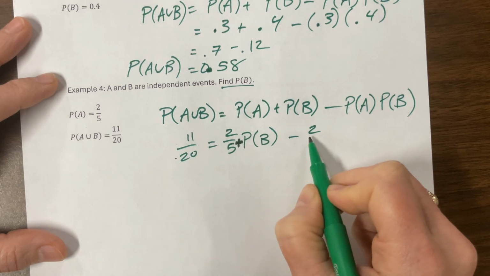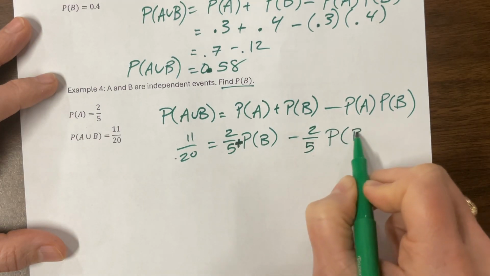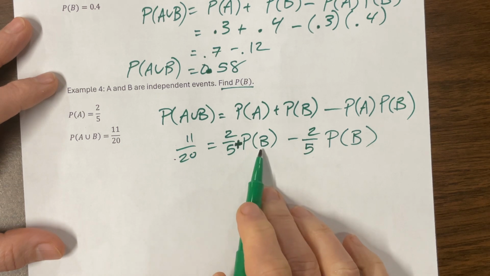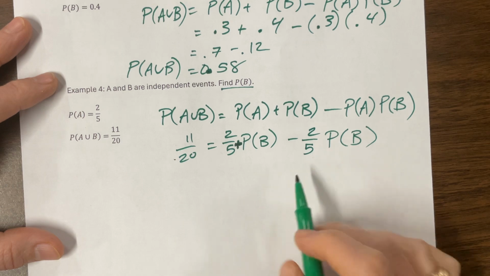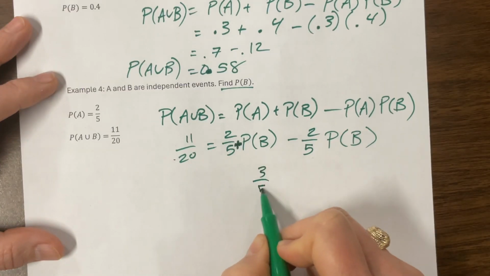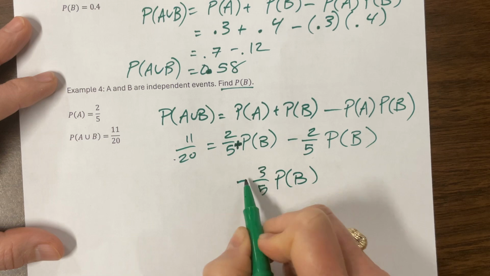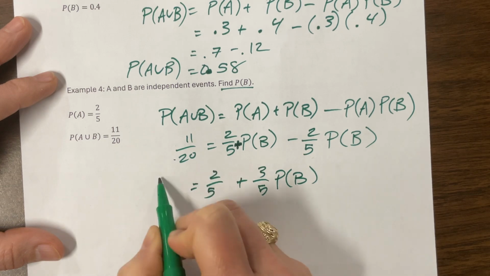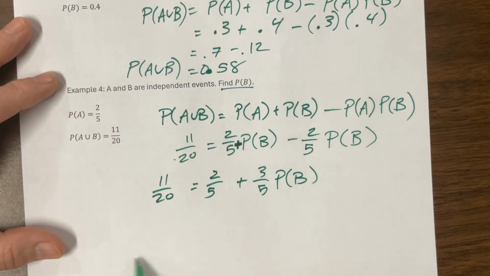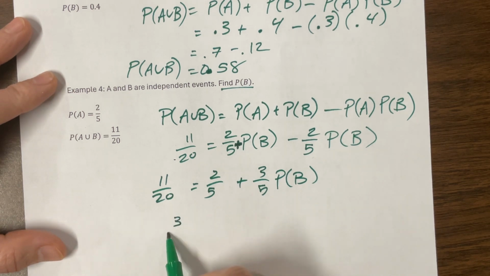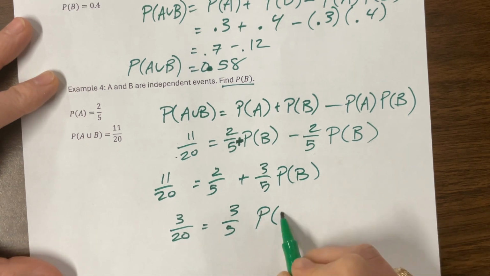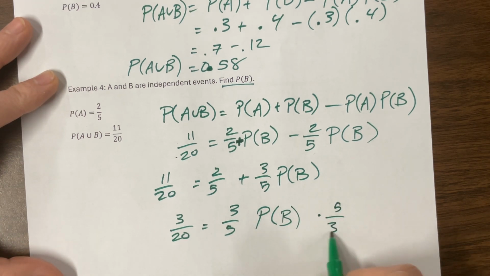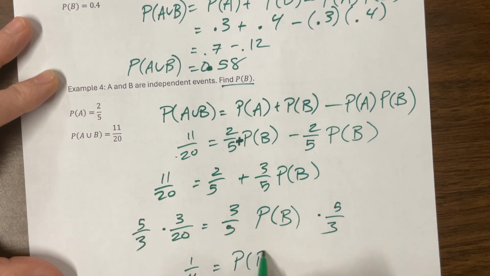Okay, so it's 2/5 plus the probability of B minus 2/5 times the probability of B. So the probability of B minus 2/5 of the probability of B is equal to 3/5 of the probability of B. But I still have this 2/5 here, and it's still equal to 11 over 20. Subtract this away. This is 8 over 20, so this gives me 3 over 20 is equal to 3/5 times the probability of B. Let's multiply both sides by 5/3. And I get 1/4 is equal to the probability of B.